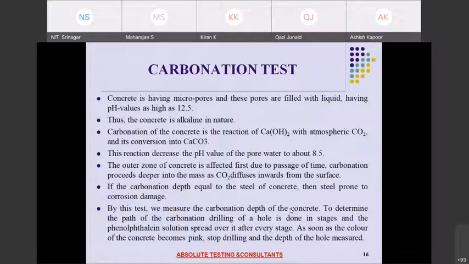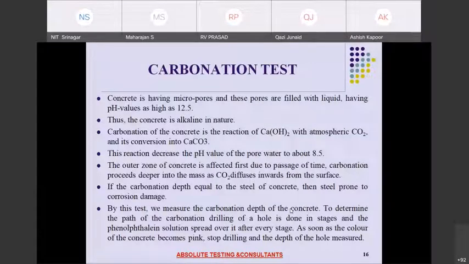These transducers have a specific range as per the IS code. The frequency of the transducer should be in the range of 40 to 60 kilohertz. Generally the manufacturer provides a 54 kilohertz transducer, and there are three methods of conducting ultrasonic pulse velocity on an RCC structure. One is direct transmission. In direct transmission, both the probes are placed directly opposite to each other, like in columns, where you can test directly.